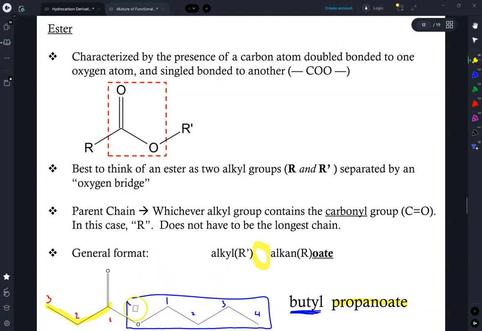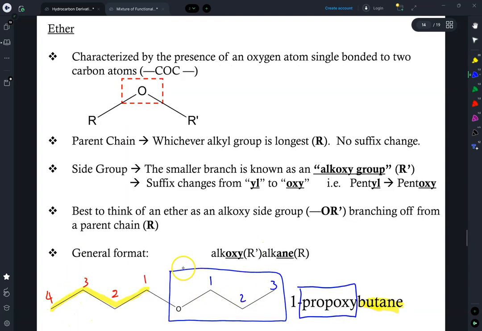Similar to esters, where the oxygen bridge is always on the branch, not the parent chain, the oxygen bridge is also part of the branch for ethers, which is why we call it prop. However, it is the branch that gets the suffix change, not the parent chain in this case. And so the suffix change for ethers is an oxy. So this branch is called propoxy. Prop for 3 carbons and oxy because there's an oxygen bridge attached to it.